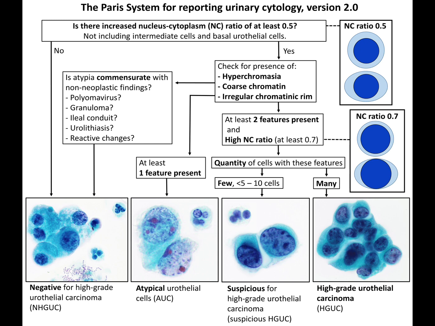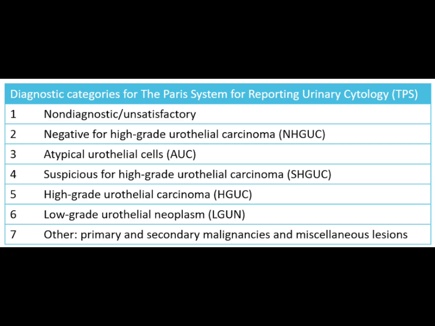But there is a classification system for urine cytology which is called the Paris system, and that actually has 5 categories. Number one, no diagnosis, meaning no adequate diagnosis is possible. The second, negative for urothelial cells, meaning your cytology shows no urothelial cell.